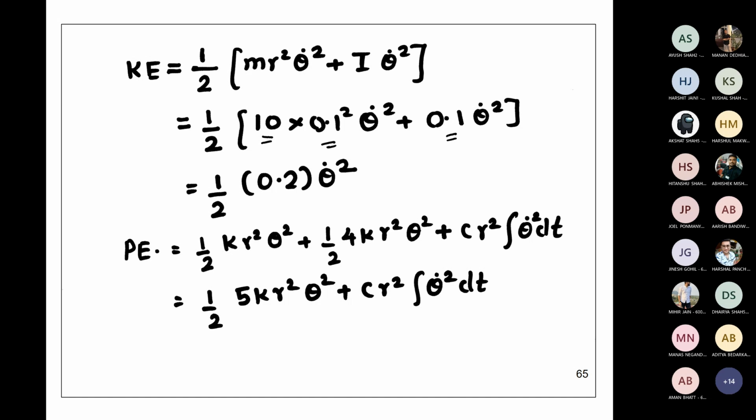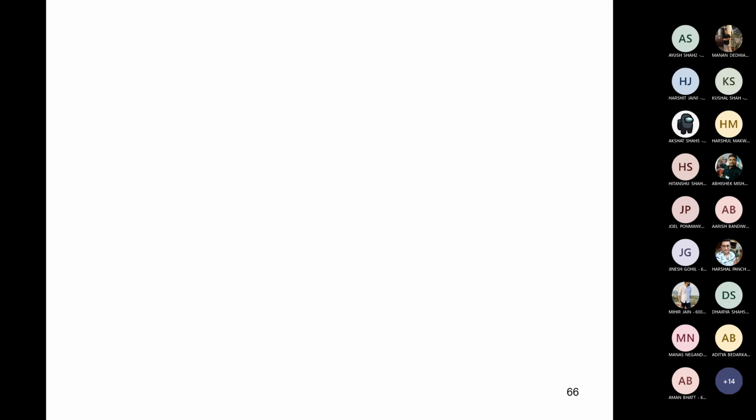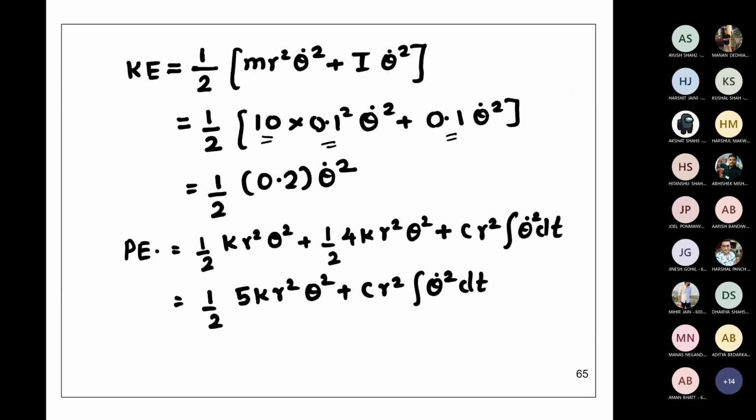Yes, sir. So what is our equation? Kinetic energy plus potential energy is constant. Substitute all the values in the potential energy equation. So what is K? 1.6 into 10 raised to 5 Newton per meter.